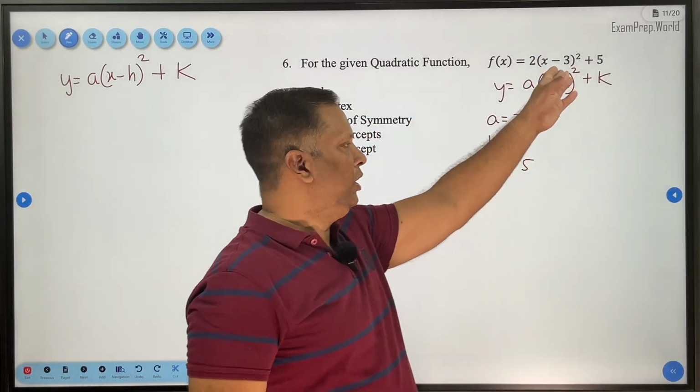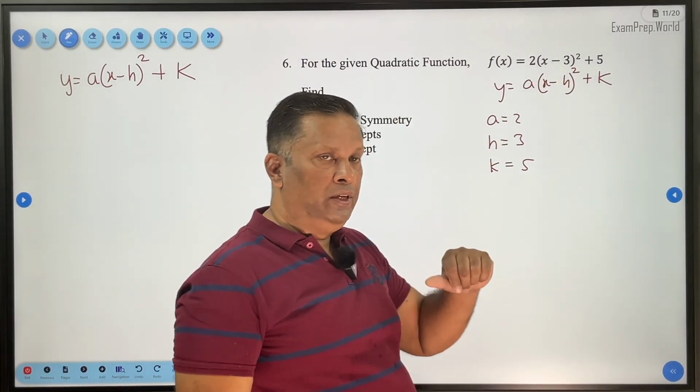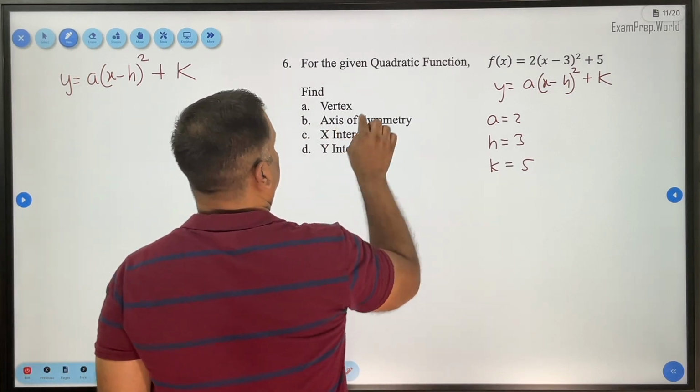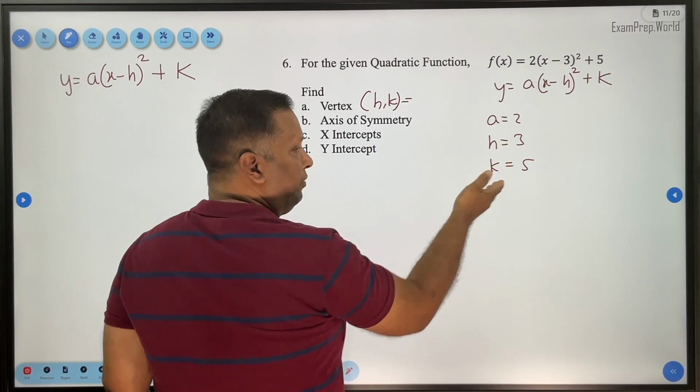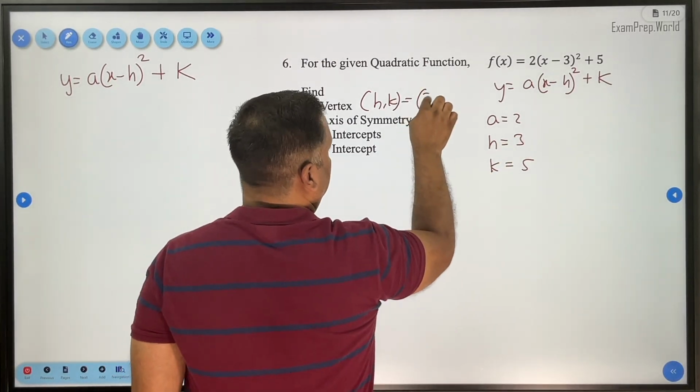By looking at it you can get a, h, k. So here the vertex is directly (h, k). We know the h value and the k value, so directly you can write 3 comma 5.